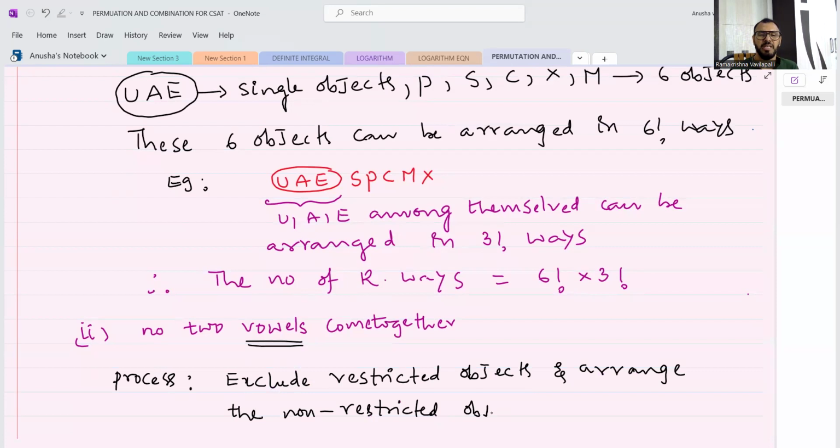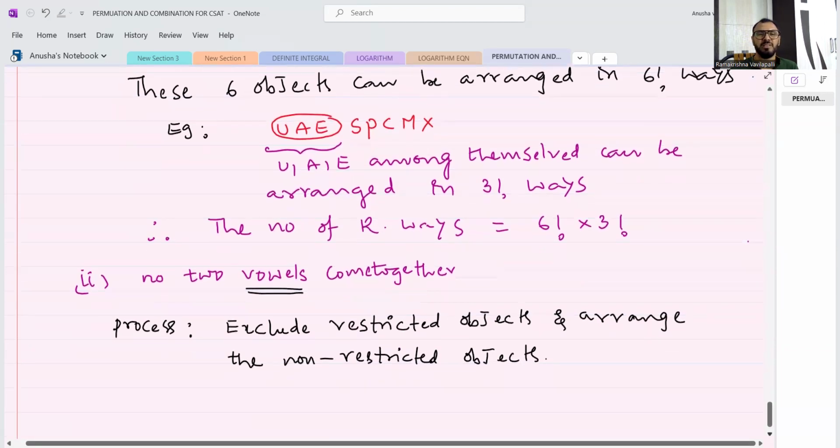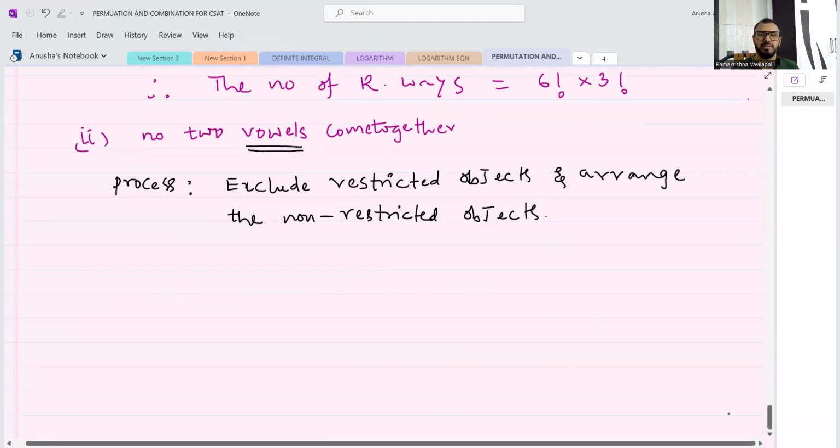Here, what are the restricted objects? Vowels. What are the non-restricted objects? Consonants. So let us arrange consonants.